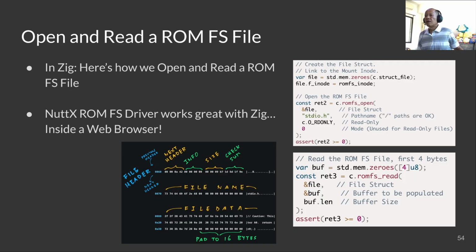Also in ZIG, this is how we open and read a ROM-FS file. The NuttX driver for ROM-FS works great with ZIG inside a web browser. Next time we're thinking of using NuttX drivers outside of NuttX, just go ahead and try it.